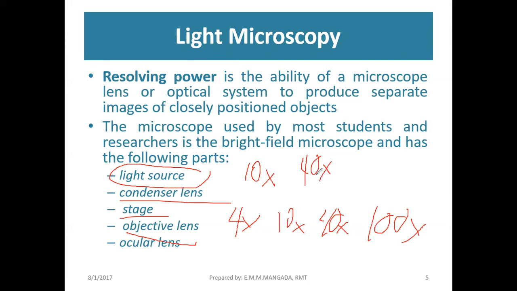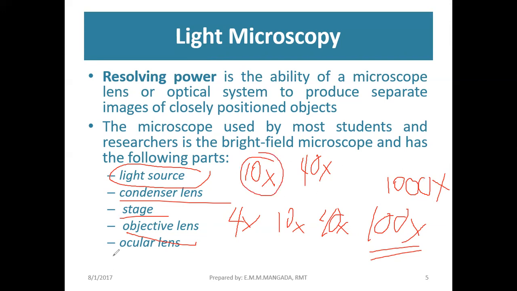So that's for your objective lenses and your ocular lenses. Okay? So for the OIO naman, the lens magnification is 100 times. And if you're going to view your object under your OIO, the total magnification is actually 1000. So you just have to multiply the magnification of the lens times the magnification of the ocular, that will give you 1000.